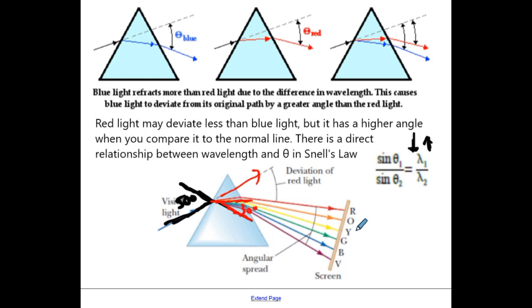Remember your wavelengths? Your wavelengths are like this picture right here. So your wavelengths, basically what's going to happen, well, actually, no, this is a direct relationship. I need to actually illustrate this better. Yeah, here we go. There's a direct relationship between your wavelength and your angle. I don't know why I had one up, one down earlier.